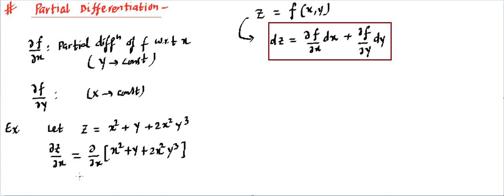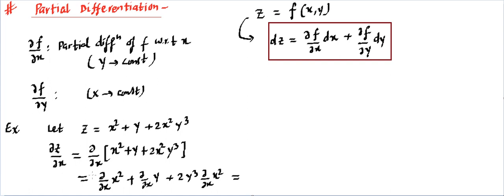So if we expand it, it's going to be del upon del x of x square plus del upon del x of y. Here y will be treated as a constant, so 2 and y cube can be taken outside, and del upon del x of x square. Making sense?